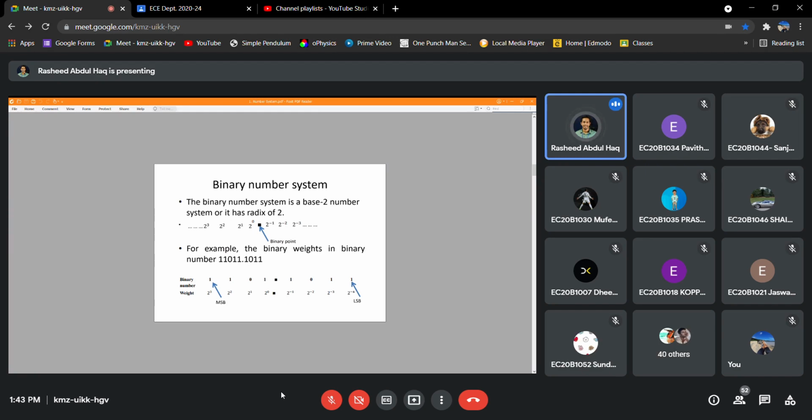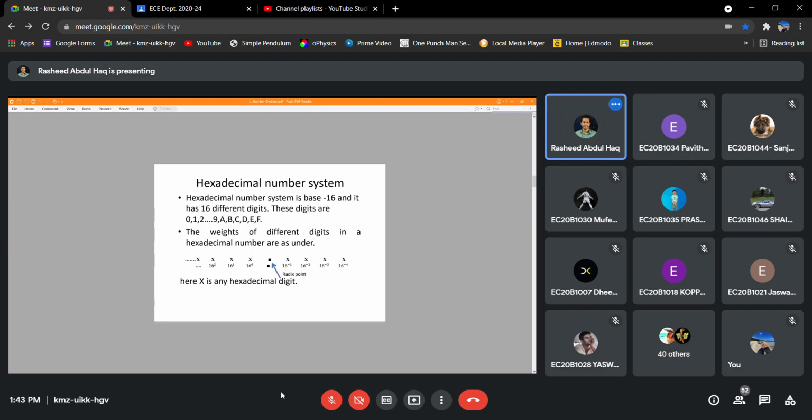Okay. Then I am going to the other number system, that is the hexadecimal number system. In hexa number, we have something similar to the decimal. For the first 0 to 9 digits, we use the normal numbers. And in the hexa number system, we need 16 digits. It has a base of 16. Just as I said, in decimal we need 0 to 9, in binary we need just 0 and 1, and in hexadecimal we need 16 symbols.